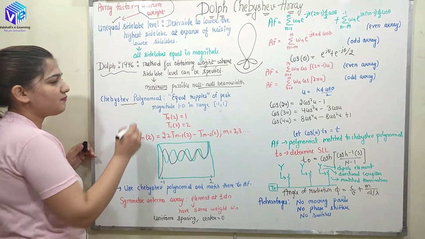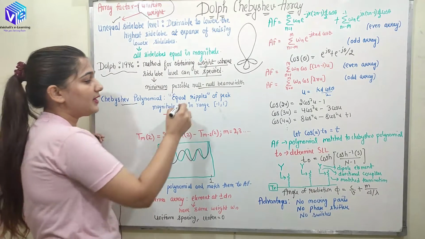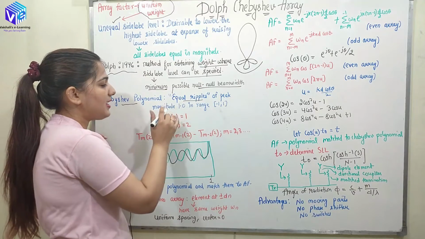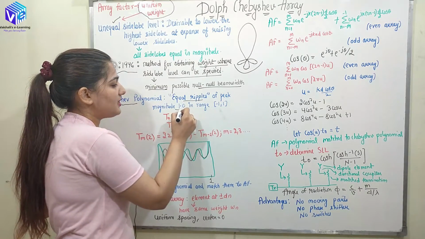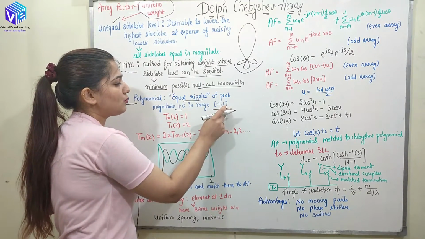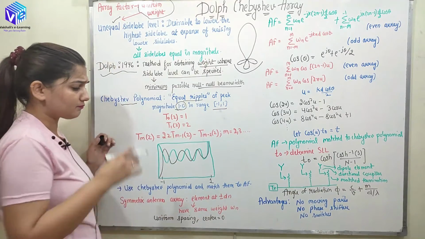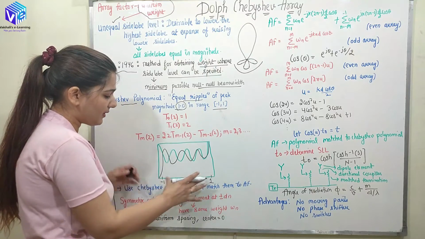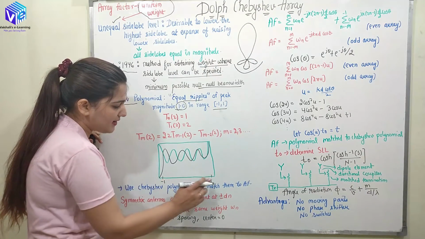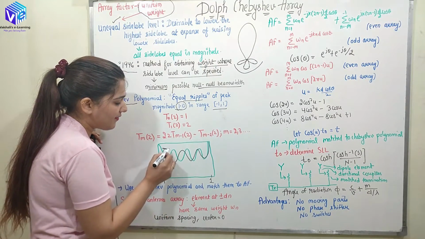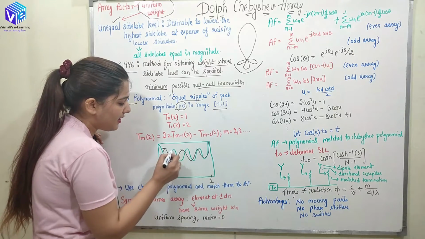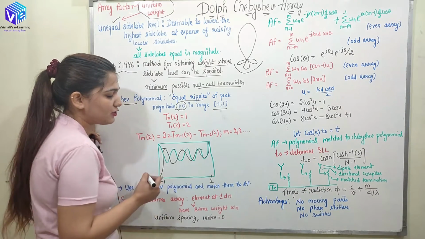The Chebyshev polynomial has equal ripples of the peak magnitude in the range -1 to 1. So the magnitude will be 1 in the range -1 to 1. When I see the polynomial, you can see the graph from -1 to 1. Here I will have the peak magnitude to be 1. Here also I will have the peak magnitude to be 1.